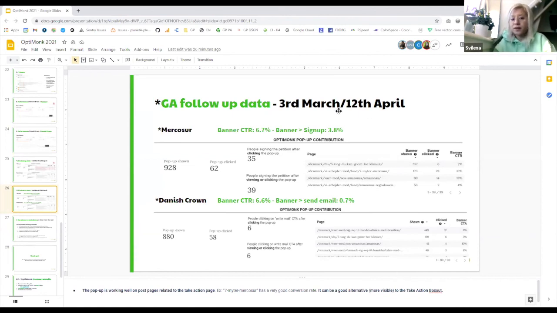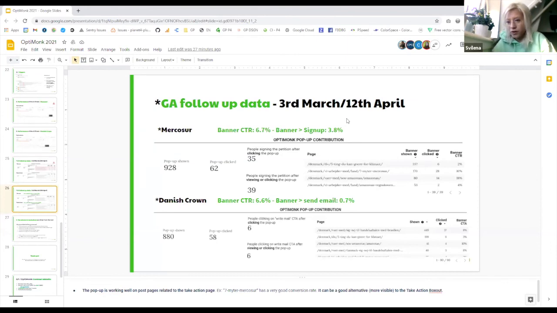And we can see clearly that the conversion rate for signing up a petition, which is a lower ask, was quite good. It was much better than the other one that was a bit more demanding and needed more things to be done. What's good about this is that we realized how well the pop-up serves the purpose of putting focus on a certain topic when that is somewhere on a post page.